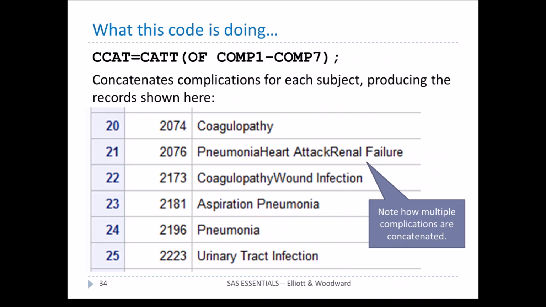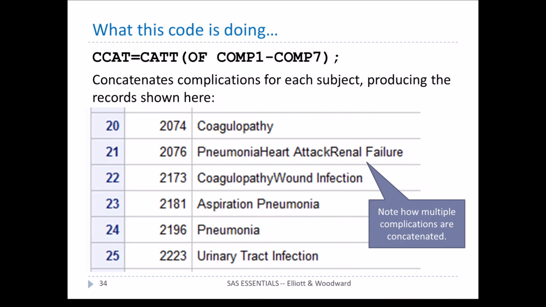All right, so here is some of the output. Again, we have this ccat equal CAT of complication 1 through comp 7. What that did is add the complications together. So here we see again on subject 2076, it stacked all those together: pneumonia, heart attack, renal failure. So by stacking them together, we basically get everything into one variable, and now we can search it.